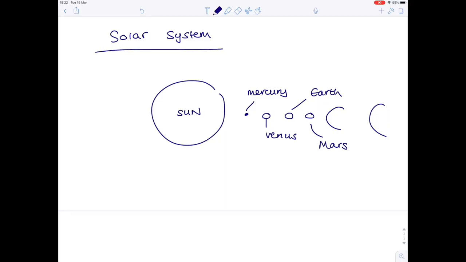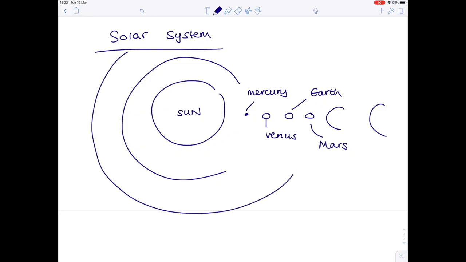So my very easy method just speeds up naming planets, and these are all orbiting the sun. So they go round and round in circles with their slightly elliptical orbits. Notice that they're nowhere near as elliptical as our comet.